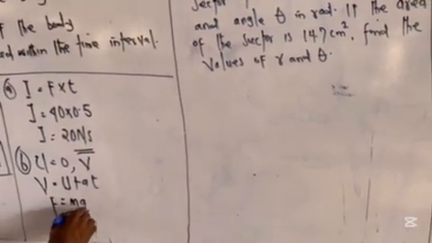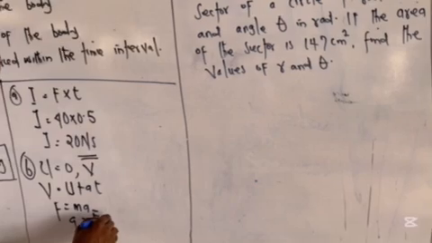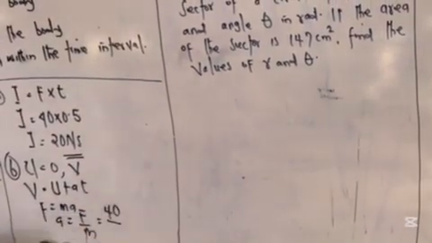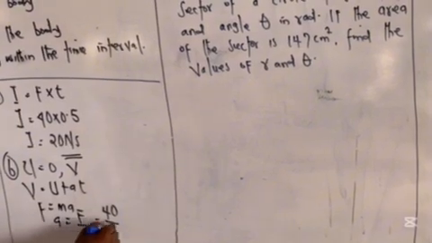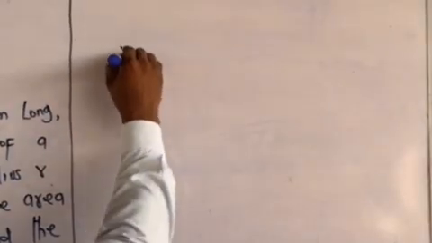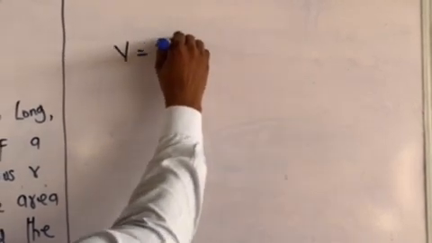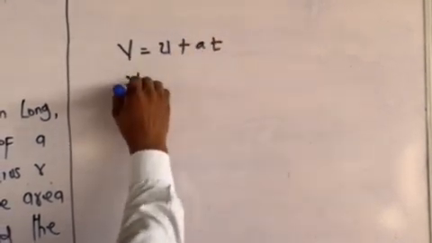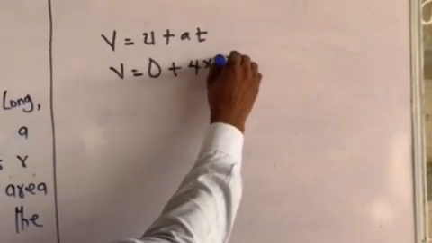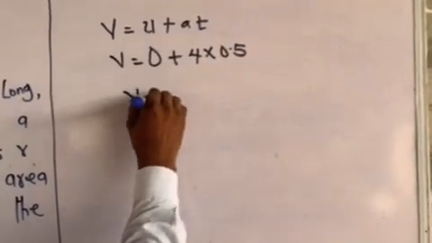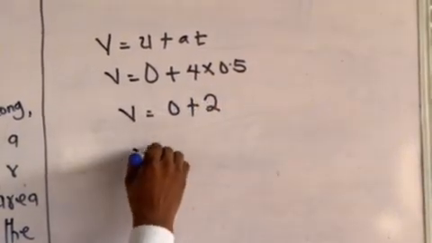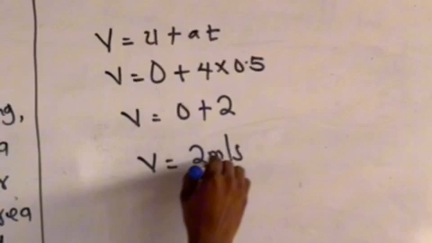So my a becomes force over m, which is 40 over 10, giving us 4 m/s². Very short. I can now find the final velocity, which is u plus at. My u is 0, my a is 4 from the calculation, my t is 0.5. So v is 0 plus 4 times 0.5, which gives us 2. V is now 2 meters per second.